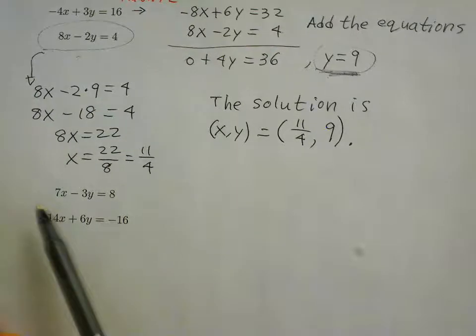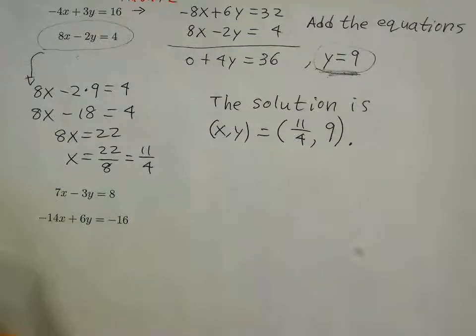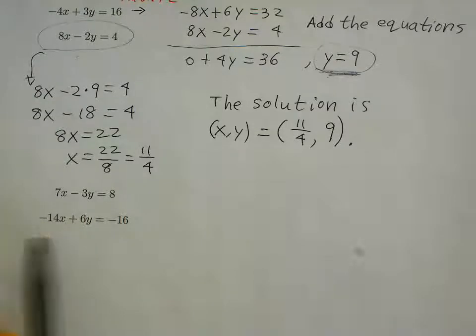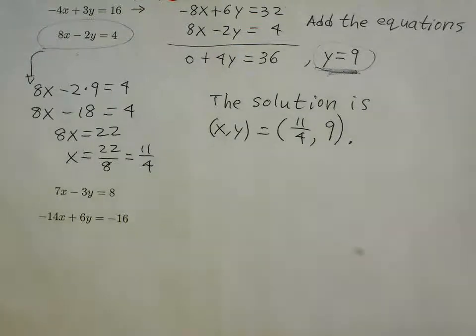Because if we multiply every term on both sides of the top equation, 7x times 2 is 14x, and 14x plus negative 14x is 0. So that would give us an elimination. But I want to do something a little different. Notice in the bottom equation, every coefficient and constant is an even number.